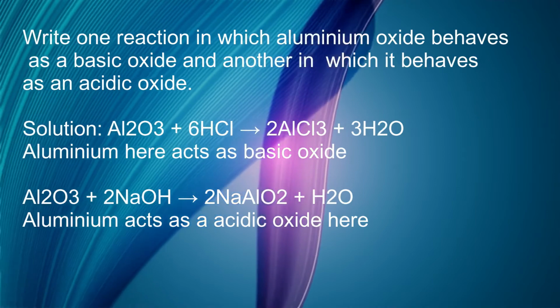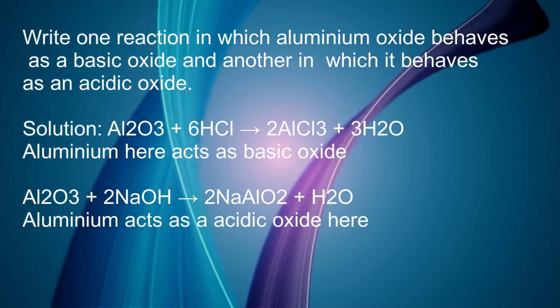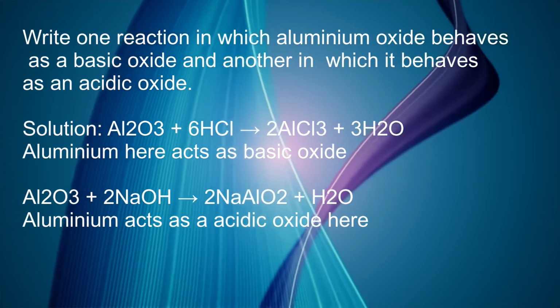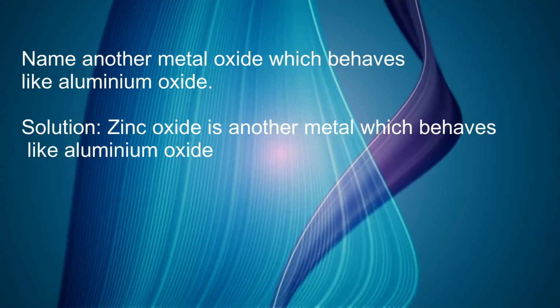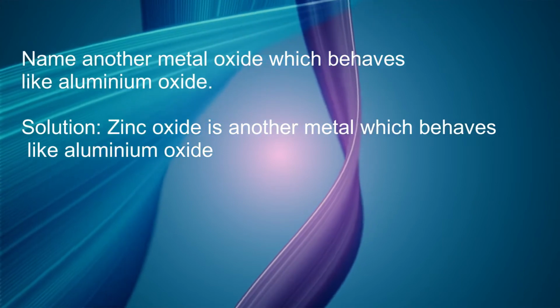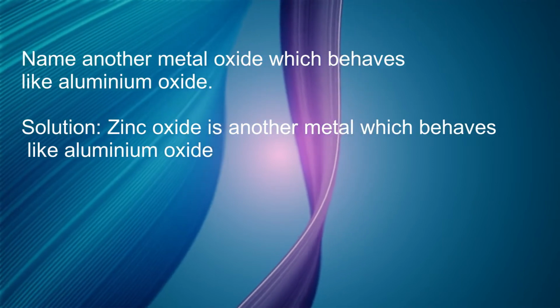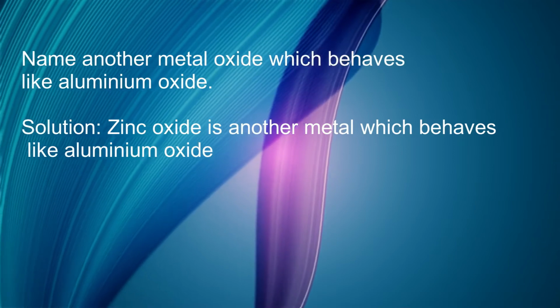Al2O3 (aluminium oxide) plus 2NaOH (sodium hydroxide) gives H2O (water) plus 2NaAlO2 (sodium aluminate). When aluminium oxide reacts with a base like sodium hydroxide, it behaves as an acidic oxide. C. Name another metal oxide which behaves like aluminium oxide. Solution: zinc oxide is another metal oxide that behaves like aluminium oxide.